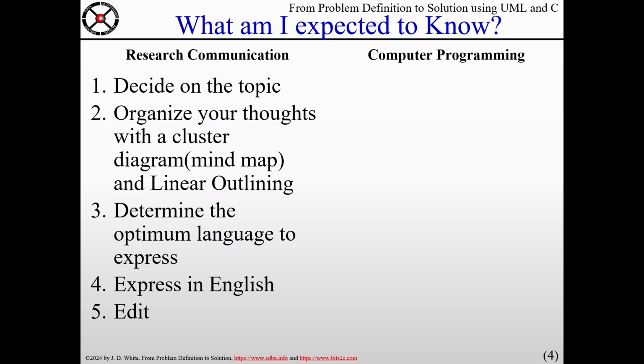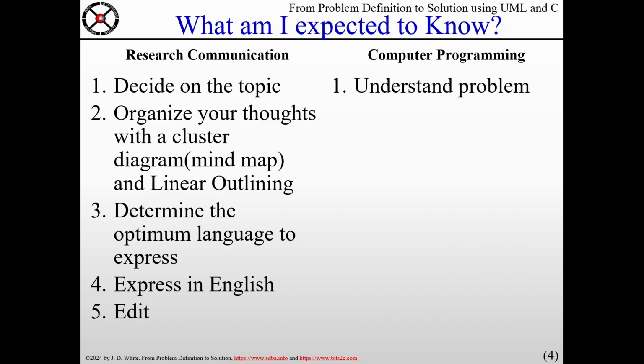Similarly in computer programming, and then you will edit it. Your first version will not be correct, it won't work, there'll be some problems or grammar mistakes, you'll try to fix those. Similarly, in computer programming, we first need to understand the problem. We need to understand clearly what problem we are trying to solve.